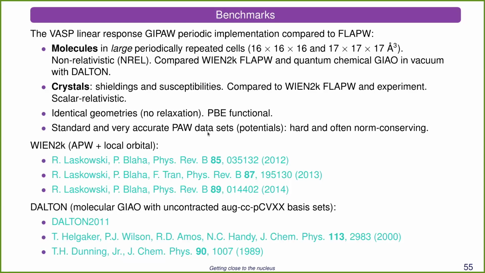It's always PBE now. And you see what happens with simple standard potentials and very accurate ones where you try to optimize things. These are a few references of the Wien2k implementation and the quantum chemical Dalton code.